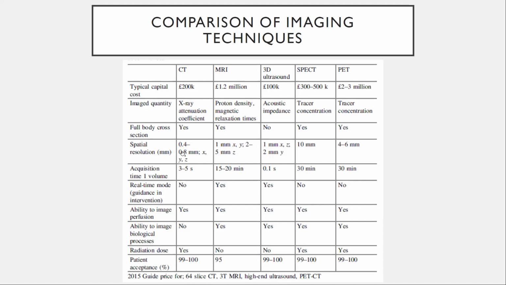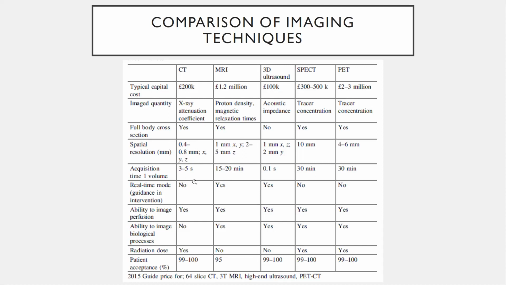With CT, you can have a spatial resolution as small as 0.4 millimeters. But for MRI, it's almost twice as big. You go from 0.4 to 1, which might not seem like that big a difference, but it makes a huge difference. It basically makes a difference between whether you can see a capillary or if it just appears as an amorphous blob.